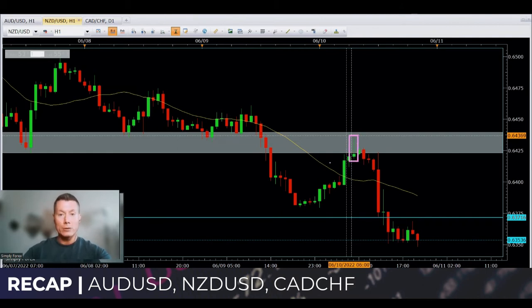I know it was a green candle, but it had a large enough wick that rejected this grey zone and closed below the grey zone. So I entered on the close of this candle and put my stop above here. Also, this pair had more room to move into than the Aussie dollar US dollar. So for all of these reasons, I took this pair instead.